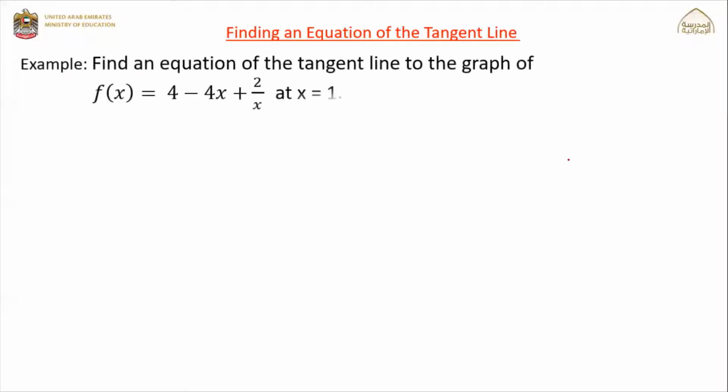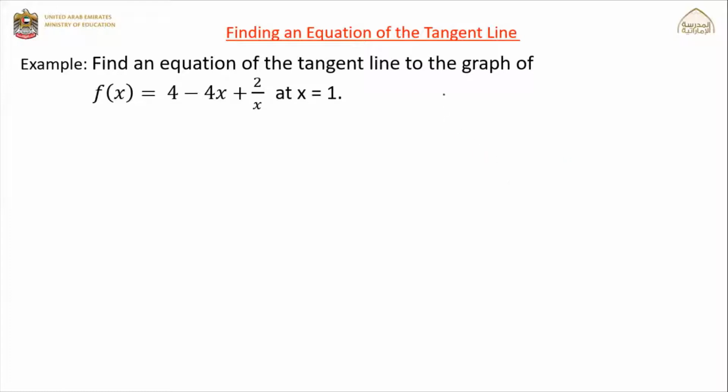Here we have an application in this lesson: finding an equation of the tangent line. For example, find an equation of the tangent line to the graph of f of x equal 4 minus 4x plus 2 over x at x equal 1.